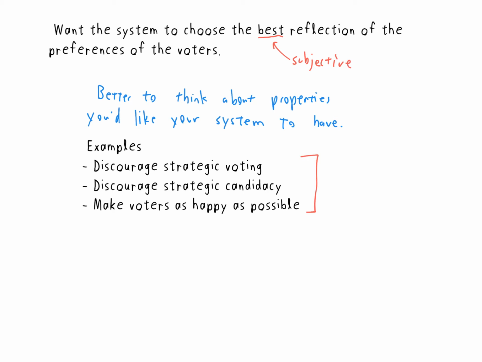So the issue with the properties that I've listed here is that all of them are still a little bit vague or subjective. What we'd really like are properties that we can check objectively for a given voting system. So let me instead list a few of these.